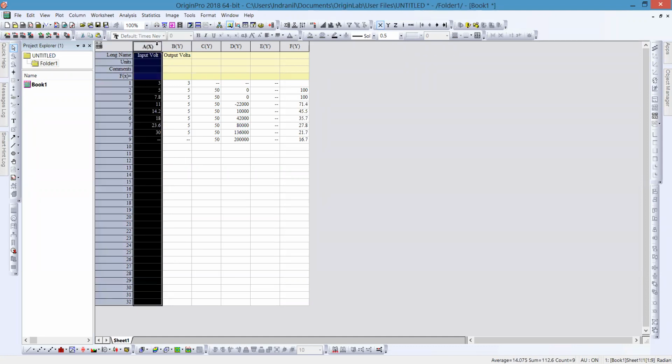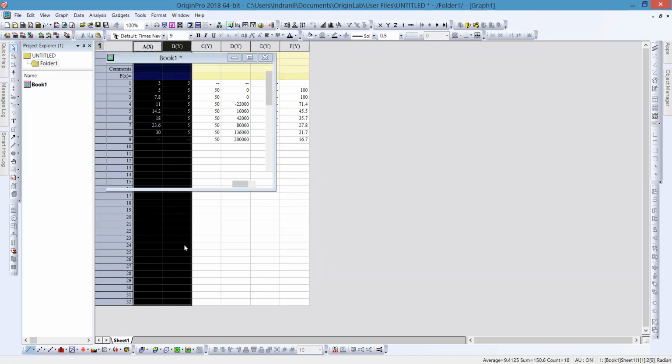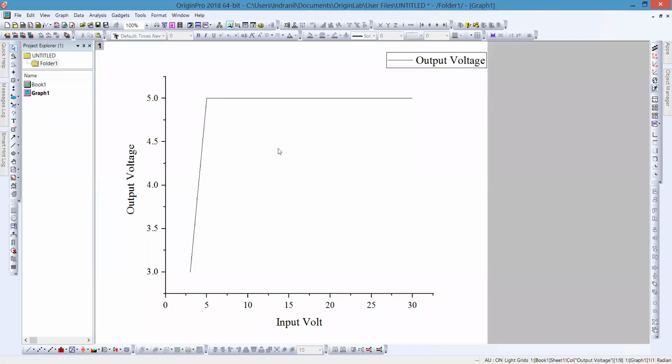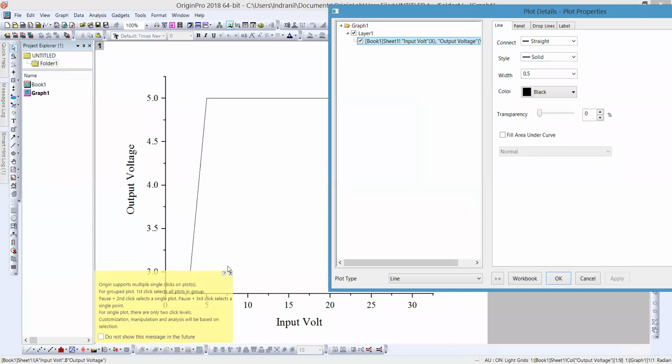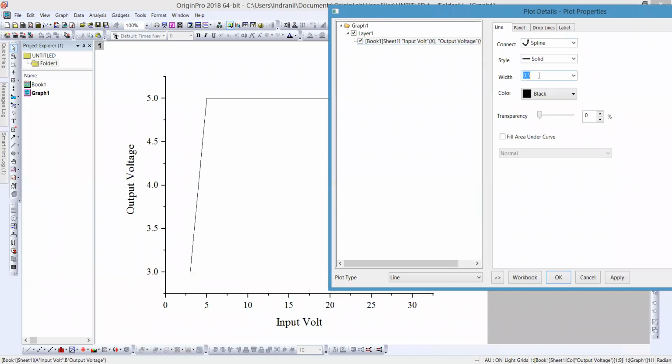Now we are going to plot it. The graph is not quite smooth, but still you can have a look that after a certain voltage, once the 5 volt is there, then you can have that smooth constant voltage curve.